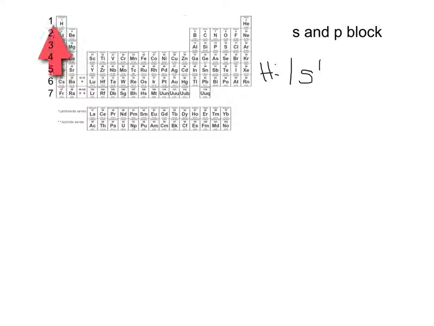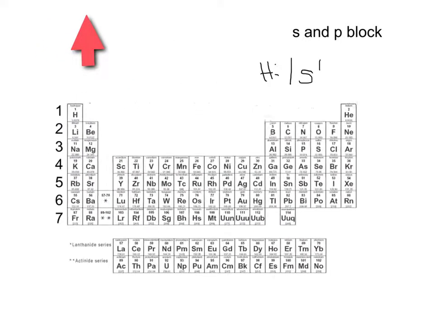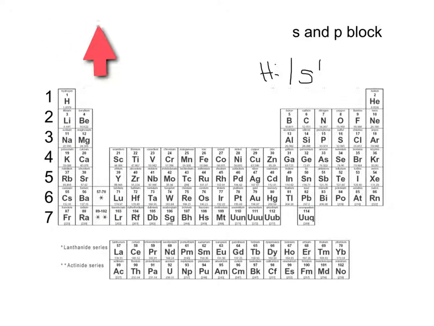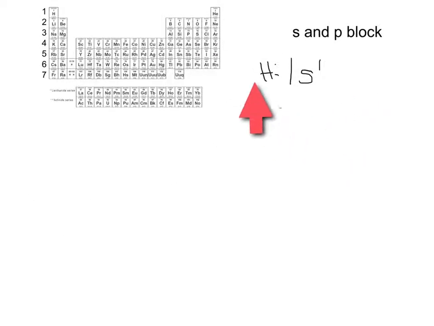Now, oh no, where's my arrow? What we're going to do is do helium next. Okay, so let's put him back. And let's look at helium. The first number corresponds to the energy level. What row is he in? Oh look, he's in row number 1.